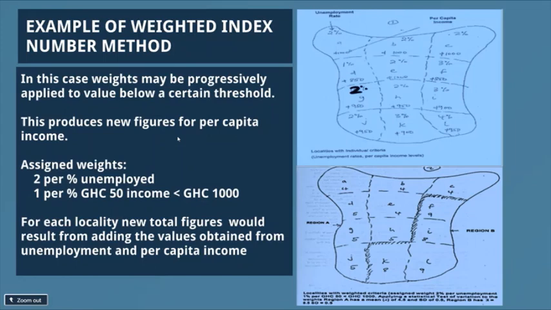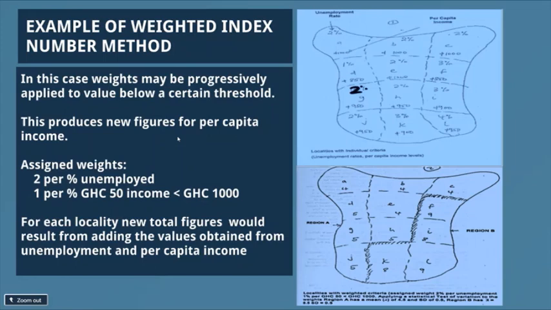Because of this subjective nature, what one analyst may find to be logical or okay, another analyst may not find to be okay. But the rule of thumb here is that even though you can use any weight to define your regions, they should make sense. Once they make sense, you are good to go.